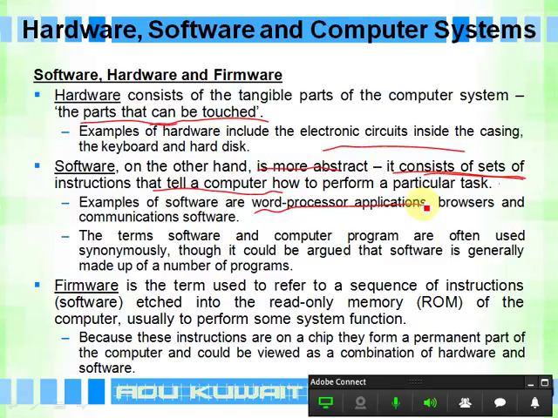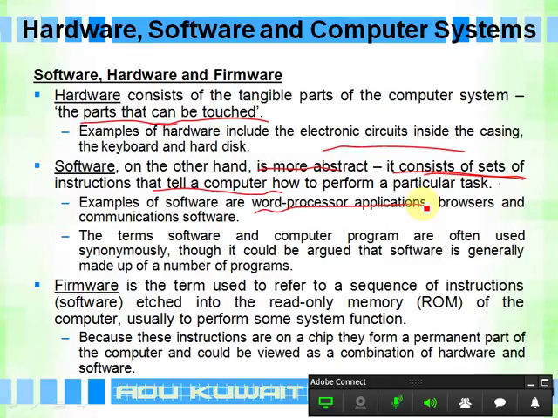Firmware is the term used to refer to a sequence of instructions stored or pushed into a read-only memory of the computer, usually performing some system functions. Firmware like BIOS. When you switch on the computer, first what comes is the BIOS.